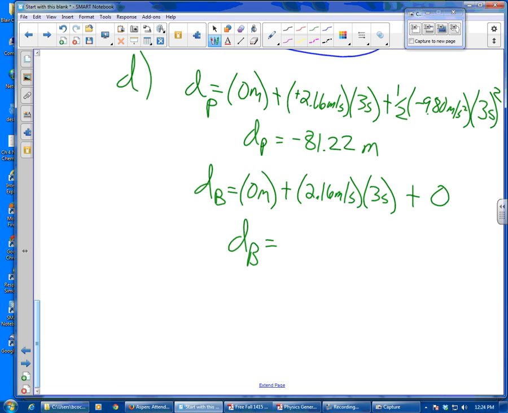My balloon is going to be at 6.48 meters. So the difference between those is 87.7 meters apart.